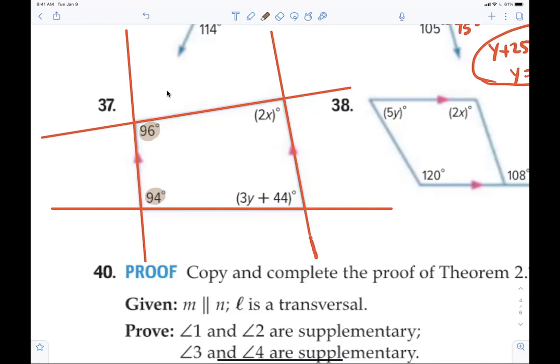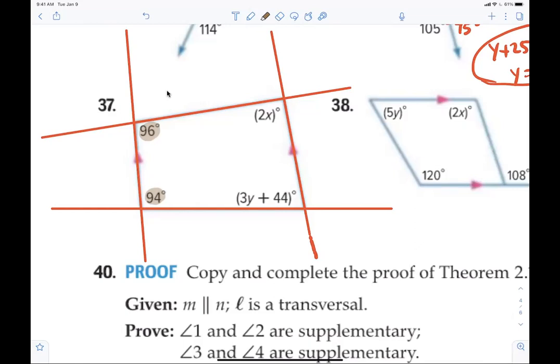So if lines are not parallel, are corresponding angles congruent? No. If lines are parallel, are corresponding angles congruent? Yes. Does everybody see what I'm getting at? Now, please, just tell me if you're not understanding what I just said.